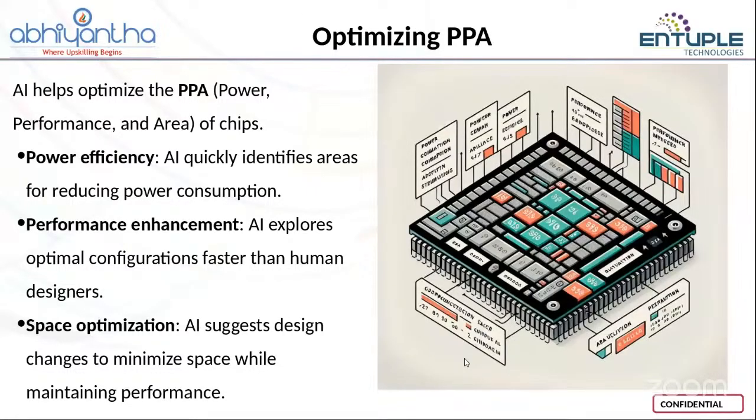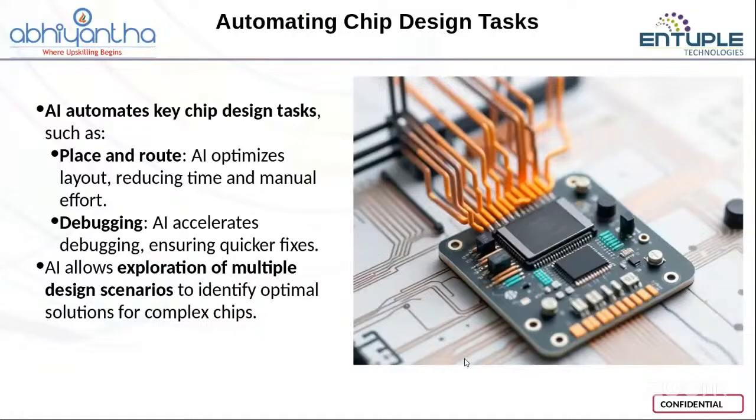And for space optimization, compared to the area side, AI suggests designs with the same performance in less space, because your IC will have higher difficulties. New problems will arise with every micrometer of area reduction. We will identify these, and AI will shut out these types of issues.